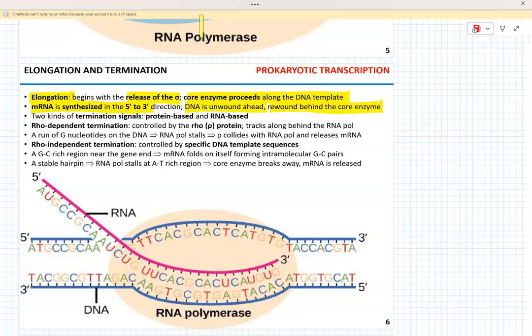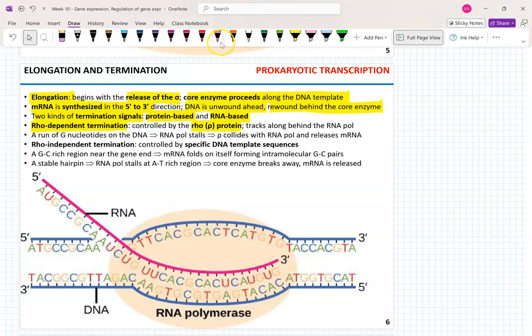How does it end? There are 2 types of signals to terminate transcription: protein-based, or Rho-dependent, and RNA-based, or Rho-independent. In Rho-dependent termination, a Rho protein, or Rho factor, moves behind RNA polymerase.